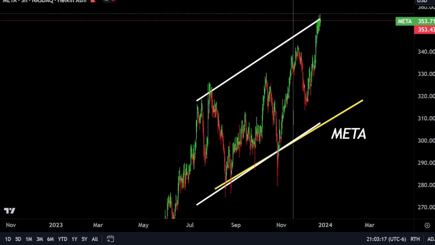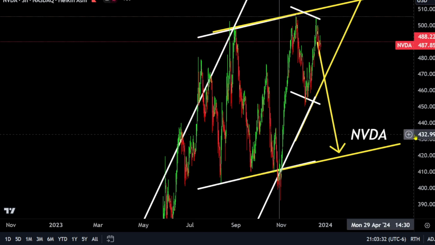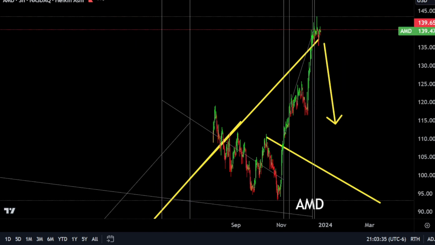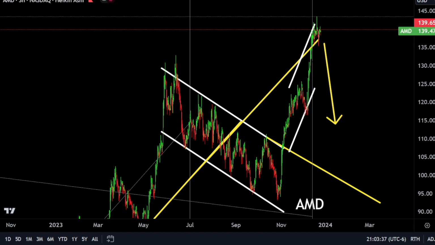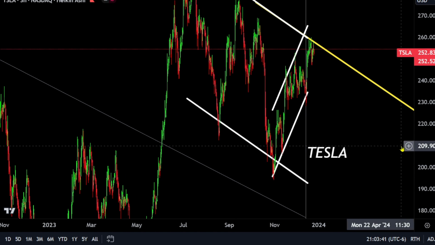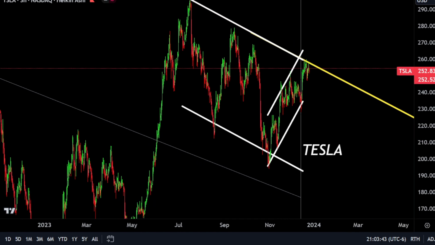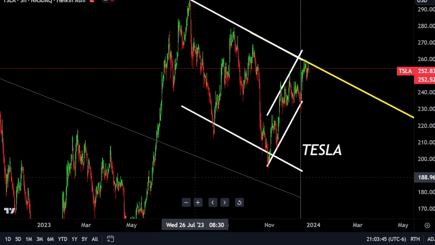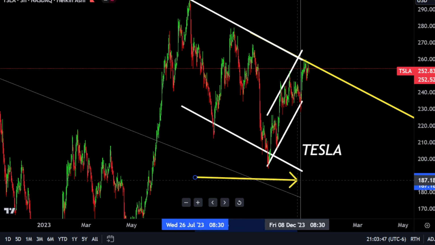Now, there is something else. When you're picking a strike price, say you want NVDA, or Google or AMD, the best way to pick a strike price is looking at the charts. If I'm looking at Tesla and I want a strike price, the best way is to look at your support or your resistance.